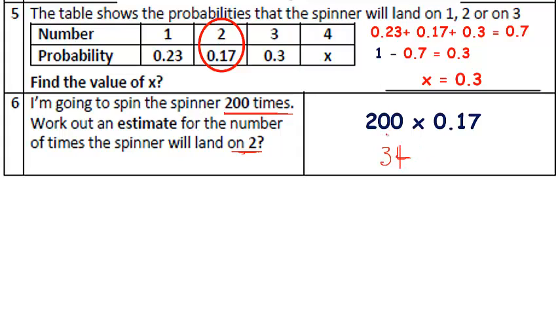I'm going to put 2 zeros after it. And because this has 2 decimal places, I'm going to take 2 decimal places off it, always going from the right, and that's 34. Simple, straightforward. The answer is 34. Okay, make sure you know how to do that last bit without a calculator, and always show this bit of work in because you get a mark just for writing that in.